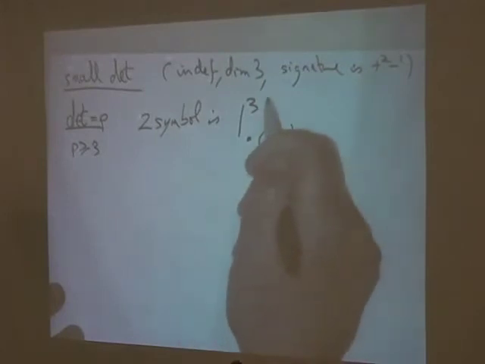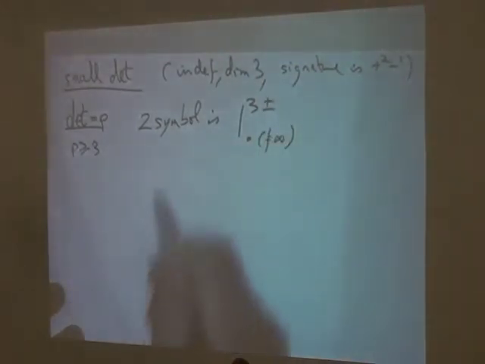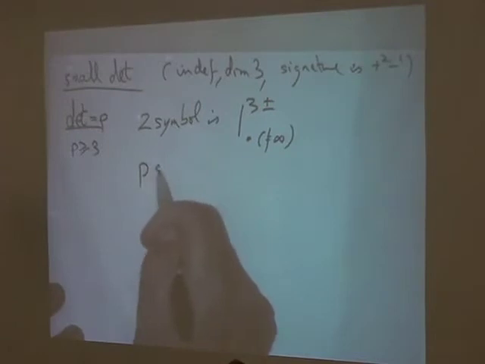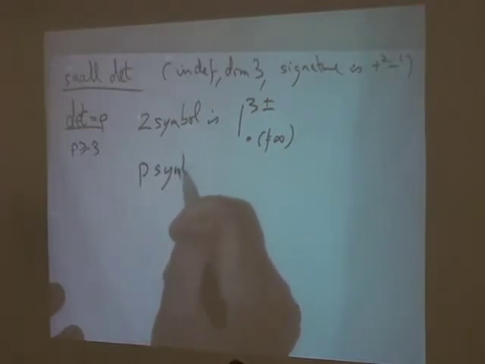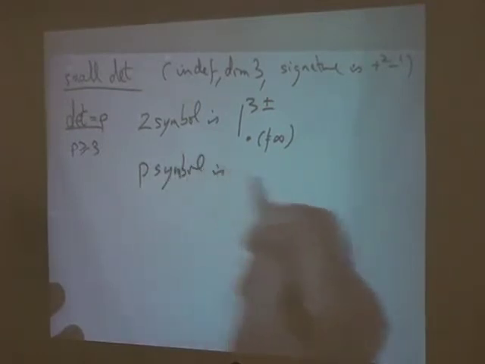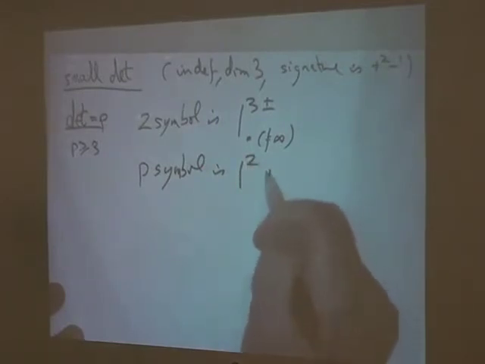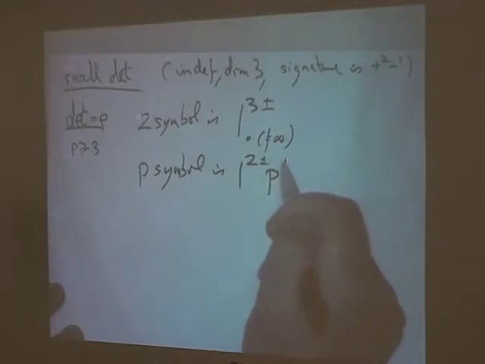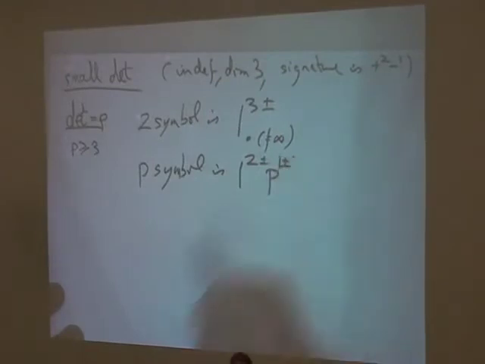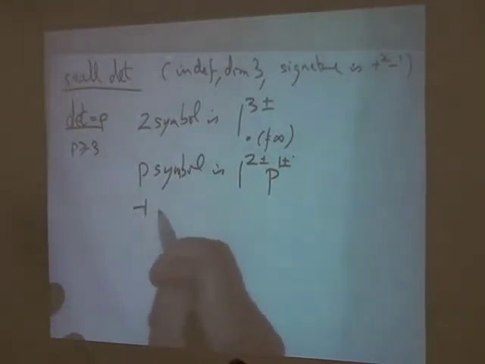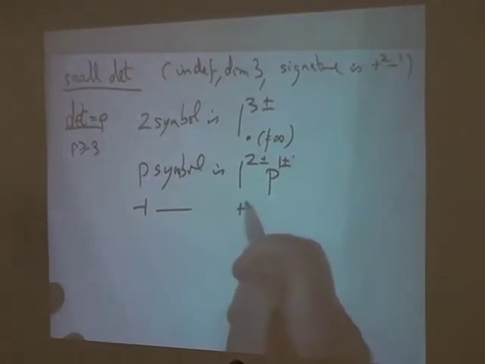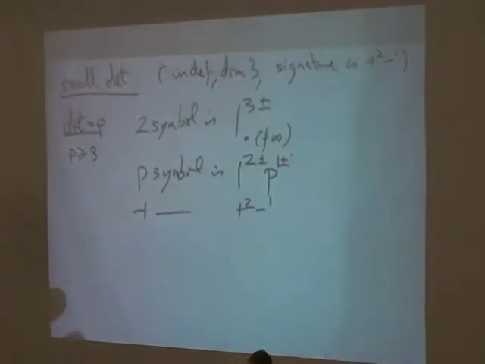And then plus or minus. And the p symbol is 1 to the 2, p, and then there's a plus or minus, p to the 1 plus or minus. Those are the only possibilities. And perhaps I should just say that the -1 symbol is plus squared minus to the 1. So they determine the genus.